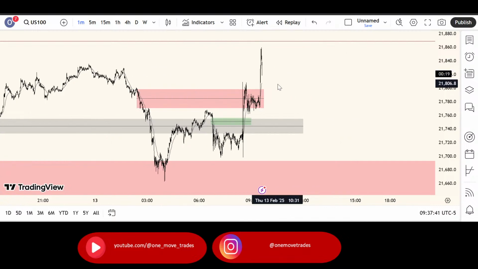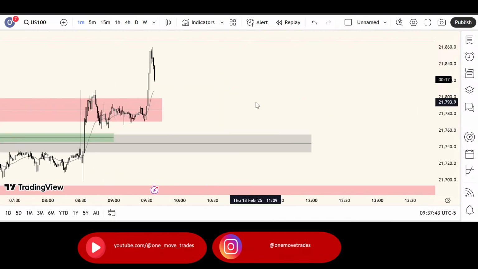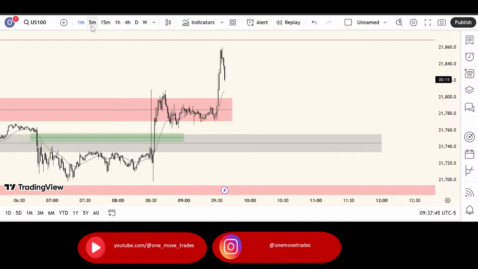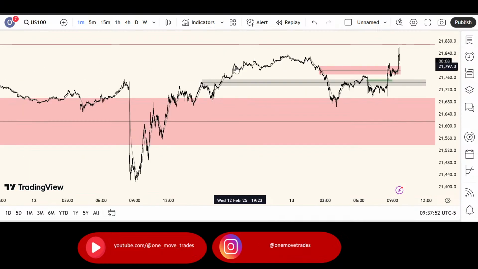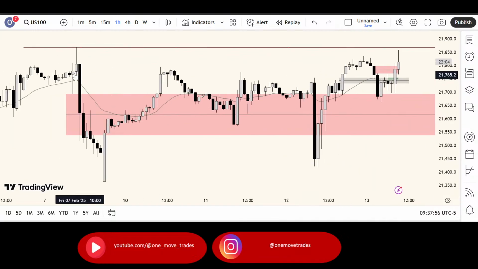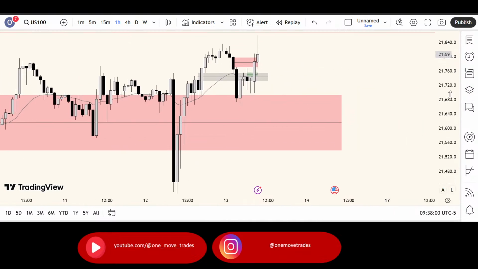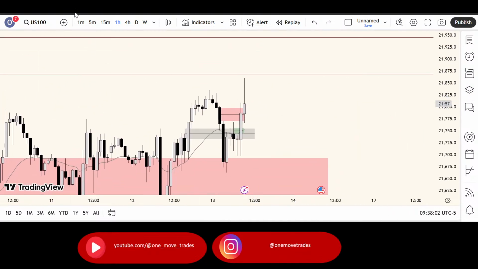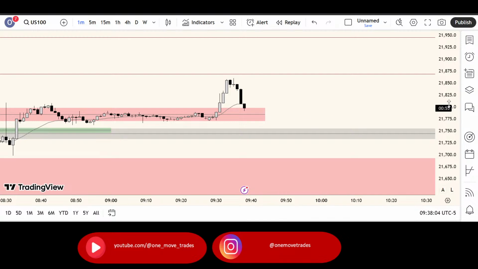Let's focus on Nasdaq. So we took this buy side liquidity. Price gave us equal highs here. On 1 hour we have these equal highs here, so I'm going to wait and see if price will give us a buy entry.